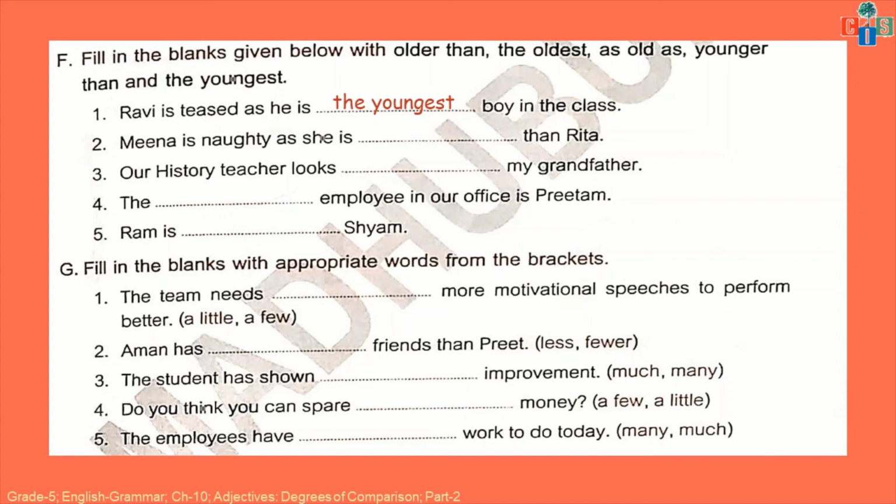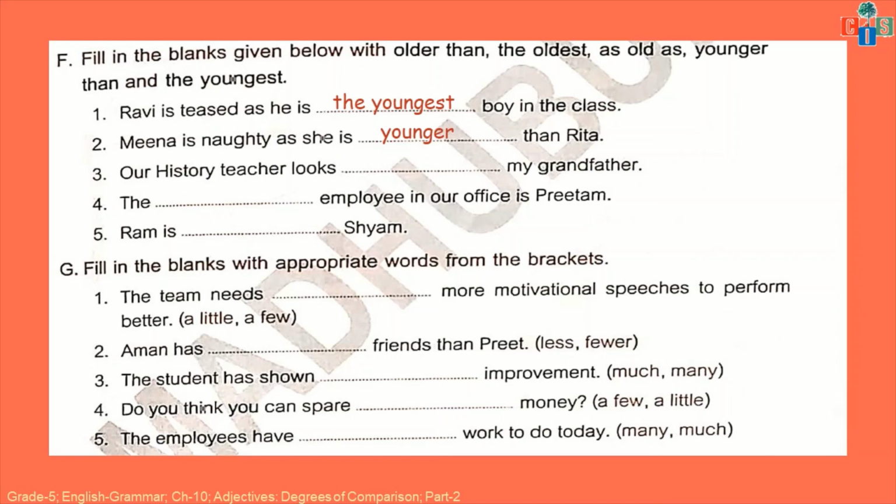So this sentence will go into comparative degree. Meena is naughty as she is younger than Rita. Okay, I added er in the word young. In the same way, you have to understand the meaning of the sentences, and then you can pick the words which are given in the question and put them in the sentences to make them complete and meaningful.